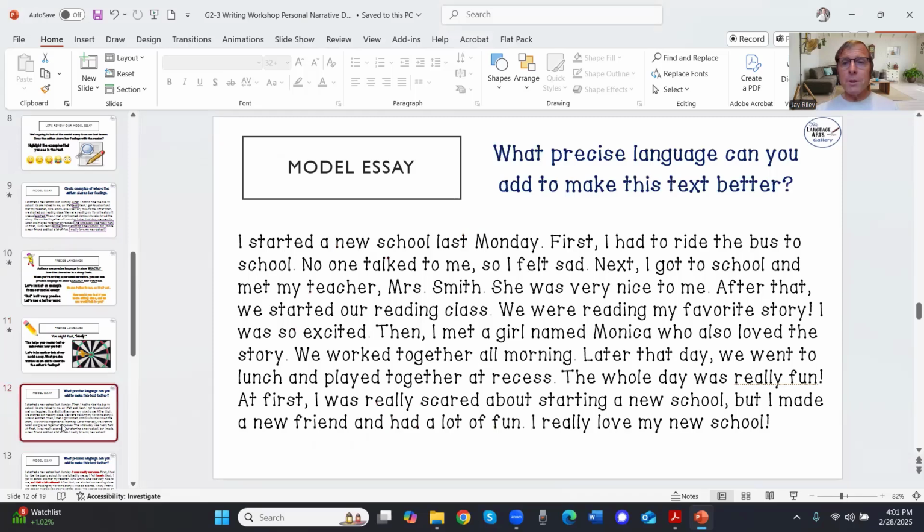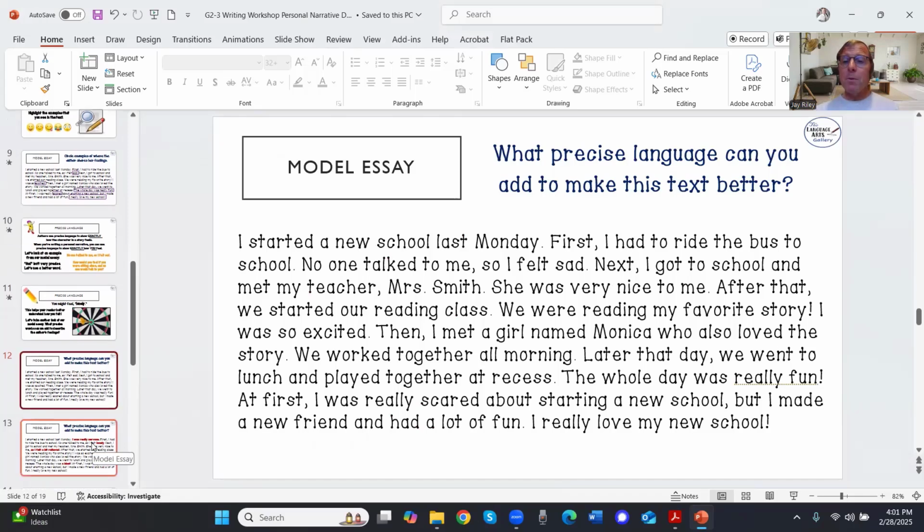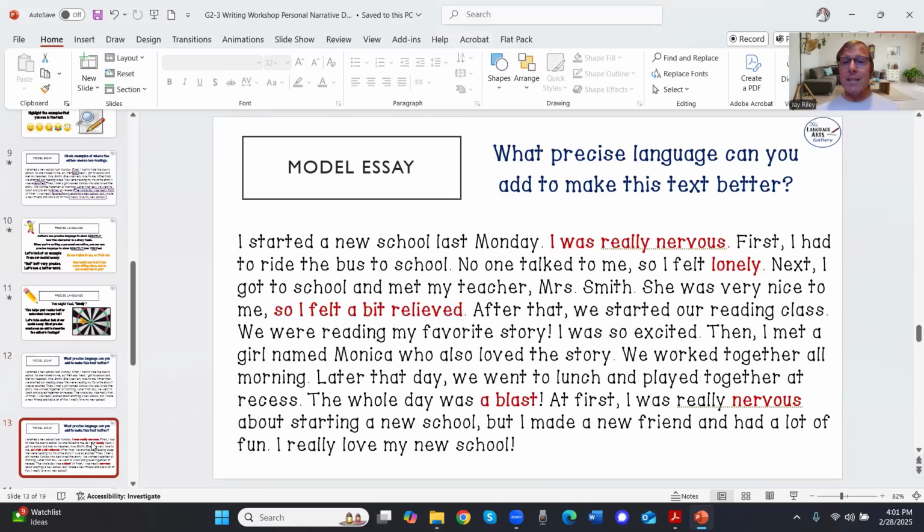So what we want to do is we want to go ahead and we want to work through our mentor text. And we want to look for opportunities to add precise language. So here, I was really nervous. I felt lonely. This teacher was very nice to her, so she felt relieved then.